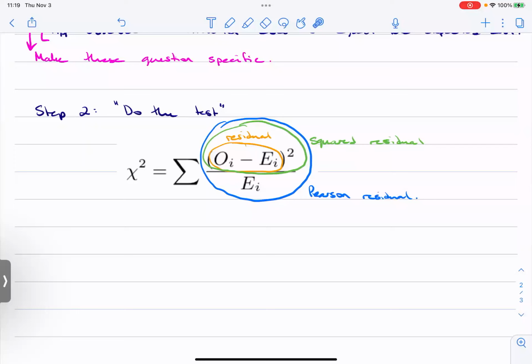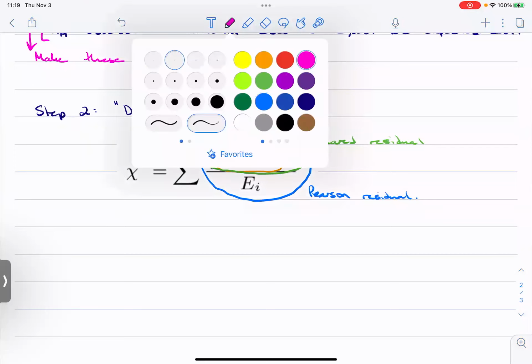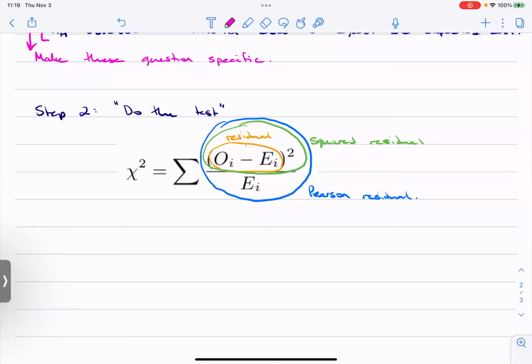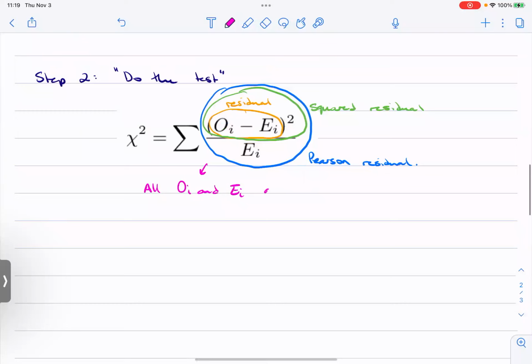So doing the test, these are all with counts, right? And so the observed count, the expected counts, O_i and E_i are counts, right?